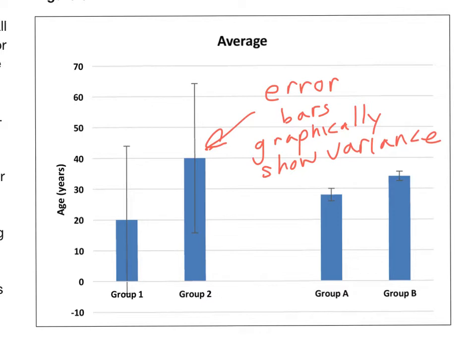In other words, how far your data is away from the average. And stock market people love these, business majors, by the way. If there's a business major in here who's watching, this is something they love. You'll very rarely see a stock chart without error bars involved.